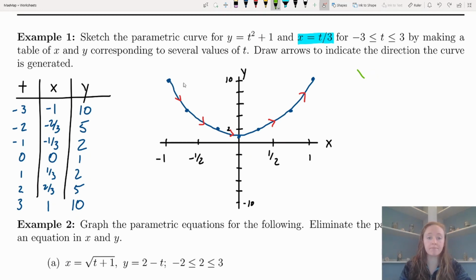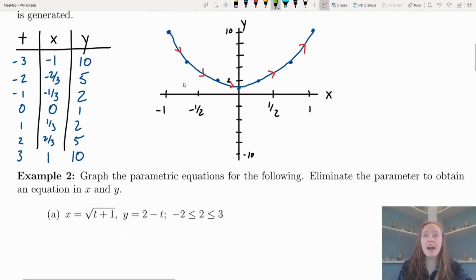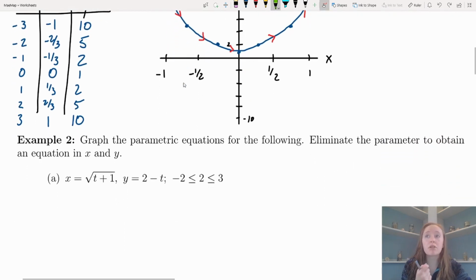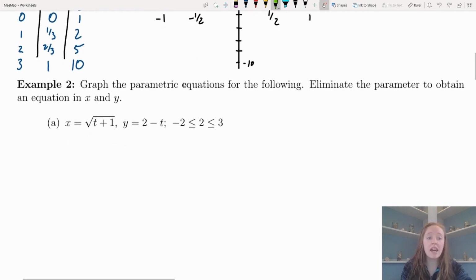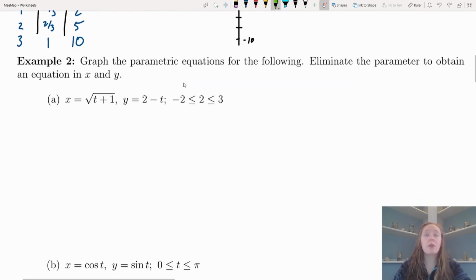Now, I'm going to show you a little bit of an easier way to figure out what exactly these parametric equations look like for x and y. And this is now going to be by eliminating the parameter to obtain the equation in x and y. And how we eliminate that parameter is we're simply going to solve for t, either using x or using y.